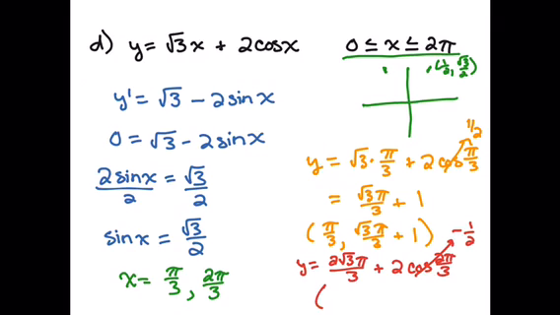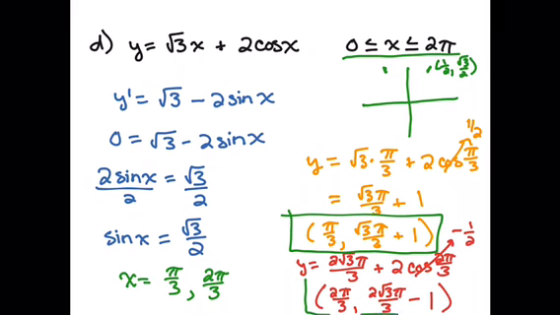And I end up with the point 2 pi over 3 and 2 times the square root of 3 pi over 3 minus 1. So both of these points would have horizontal tangent lines to the curve y equals square root of 3 times x plus 2 cosine x.